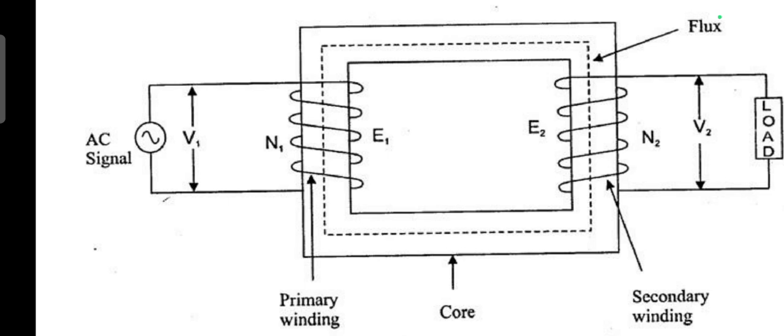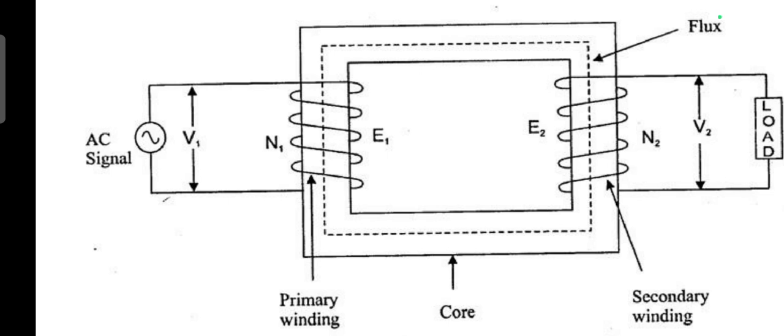In this construction, we can see there is an AC signal, which is the input that we are applying to the transformer, and there are two windings, the primary winding and the secondary winding, each having a number of turns. The number of turns in the primary winding is denoted as N1 and the number of turns in the secondary winding is denoted as N2.